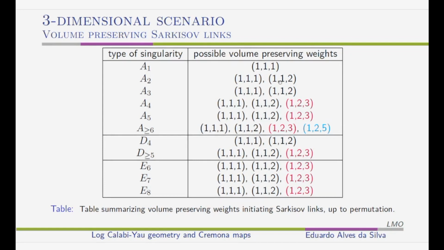And just to let you know, the cases where the singularity is of type A1 and A2 were already studied by Araujo, Corti and Massarenti in the paper Rational Geometry of Calabi-Yau Pairs. So basically, this result extends the result of Araujo, Corti and Massarenti, and it's also a volume-preserving version of the theorem by Guerreiro.